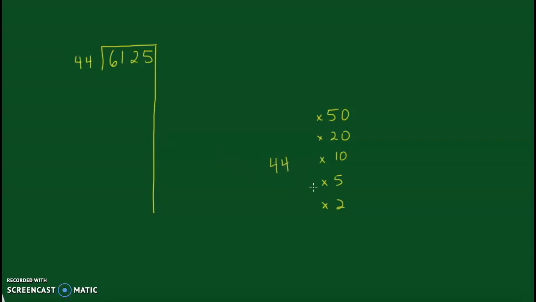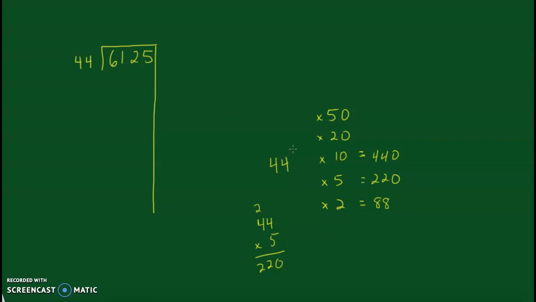So 44 times 2 is 88, and 44 times 5, I'm going to do that one right here just to make sure I get it right. So 4 times 5 is 20, 4 times 5 is 20, plus 2 is 22. So times 5 is 220. Times 10 is easier to think about because we just need to add a 0 at the end. So that's going to be 440.